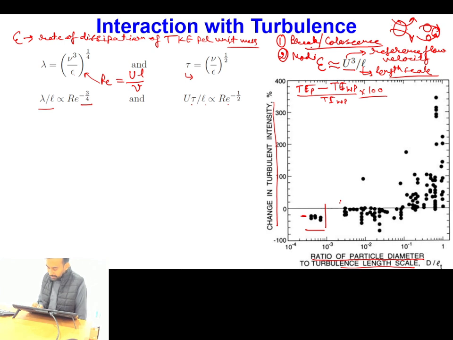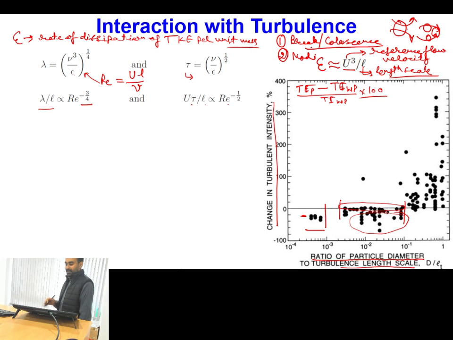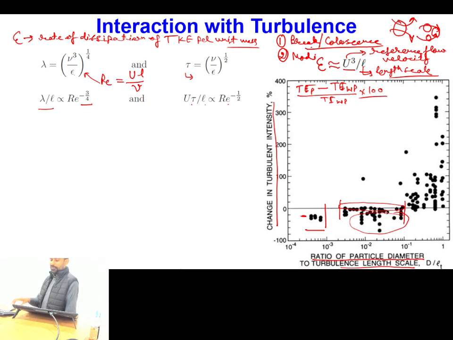In the moderate range of particle sizes, the majority are coming close to 0 and a few are coming even lower. So in this range also, the presence of particles will either try to decrease the turbulence, or for some cases it will not make any difference.